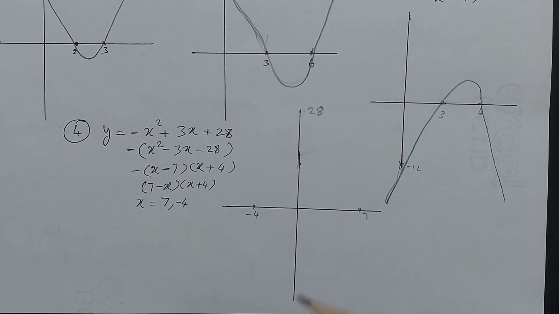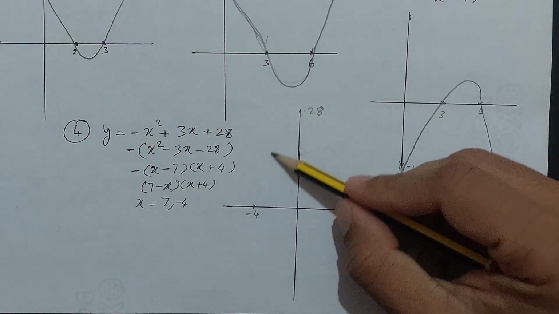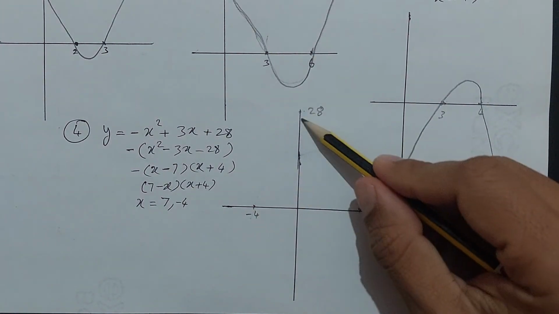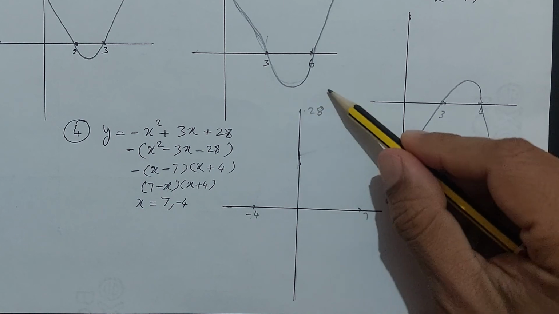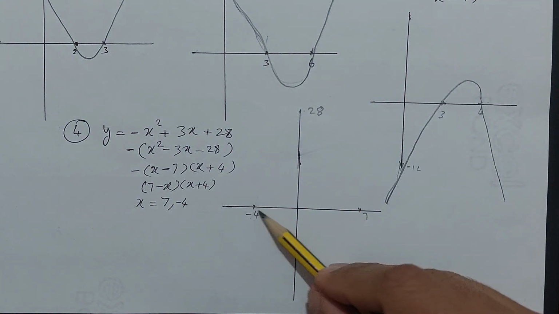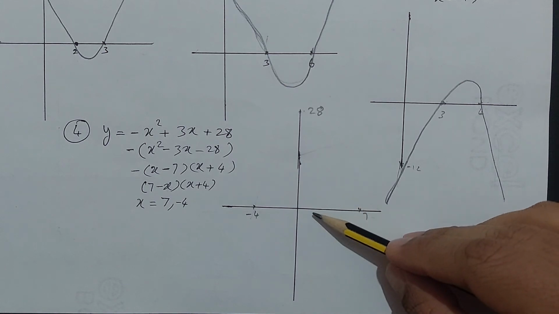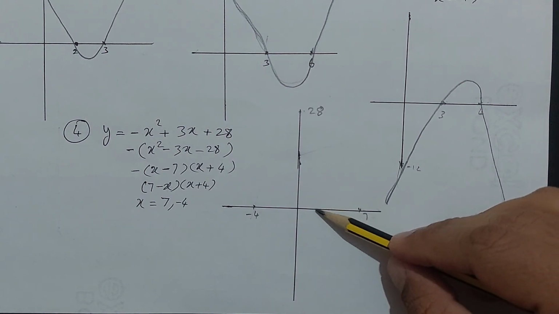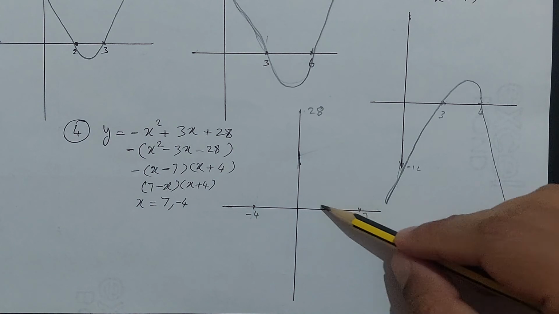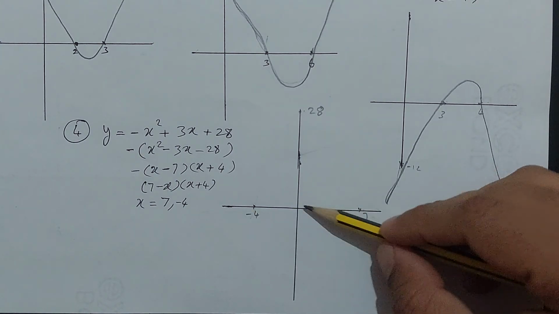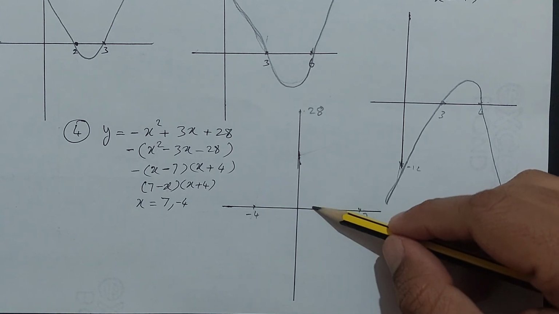But now remember one thing. People get confused and take it like this and make it like that. Remember, this is not the turning point. The turning point will be up here, because the middle part of 7 and 4 is somewhere here at this point, which is 5.5-ish range, and half of that, I mean, which is 1.5-ish range.